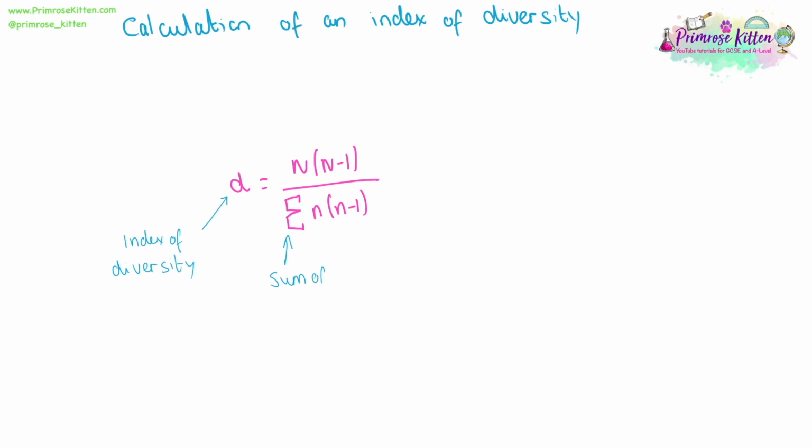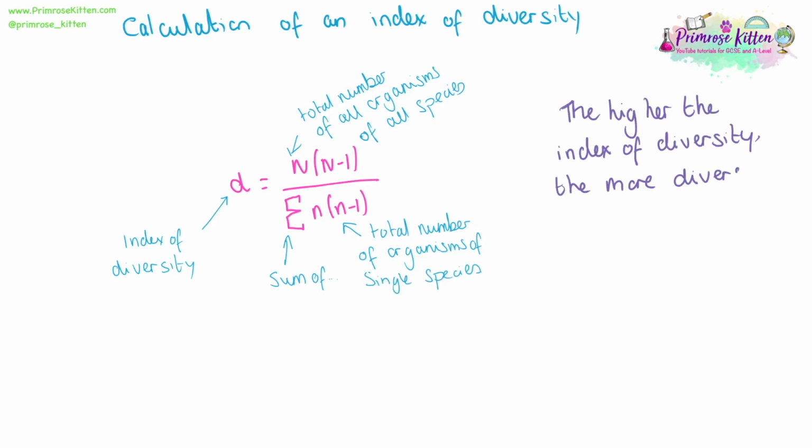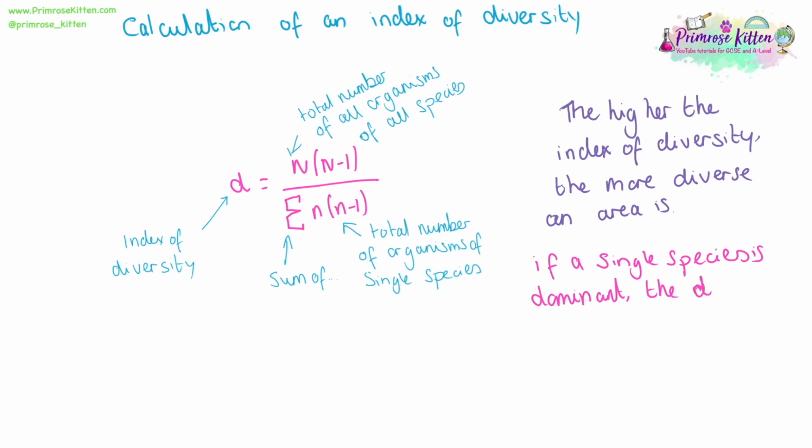We have the sum of, capital N being the total number of all organisms, of all species, and lowercase n being the total number of organisms of our single species. The higher the index of diversity, the more diverse an area is. If a single species is dominant in that area, then the index of diversity, the D, will be lower.